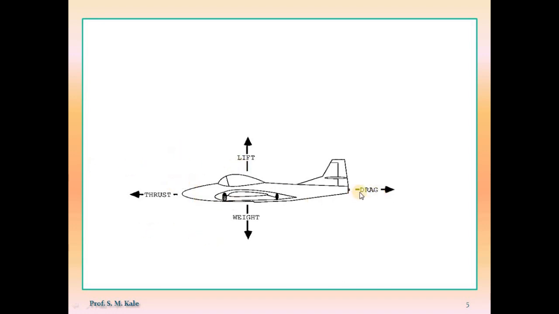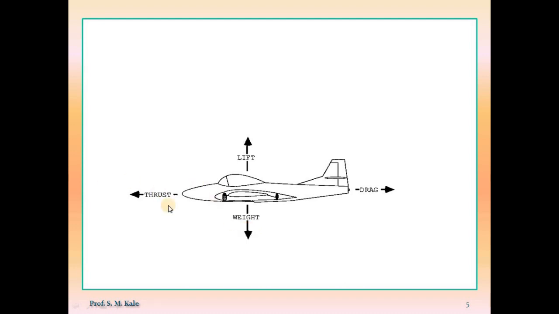Whatever total force component is in the direction of motion will be called the drag force. So drag force always acts in the opposite direction to the thrust. The second is the weight of the aeroplane, which acts vertically downward.